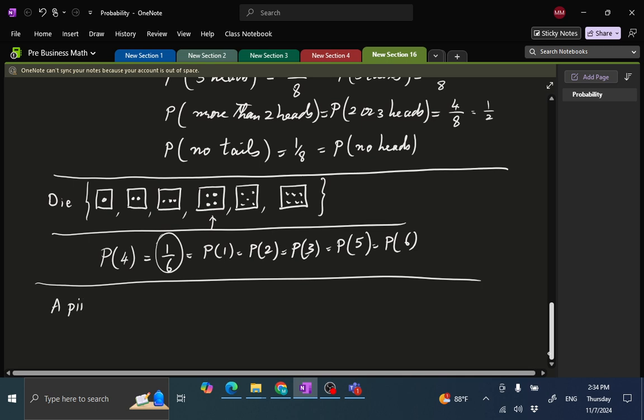Next up is a pair of dice. So now we have a much more sophisticated situation. I can have 1 1, or I can have a 1 2.